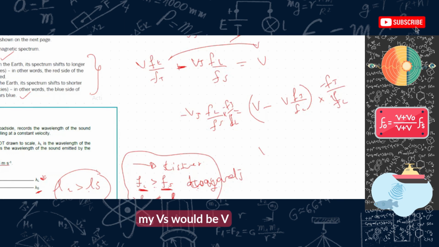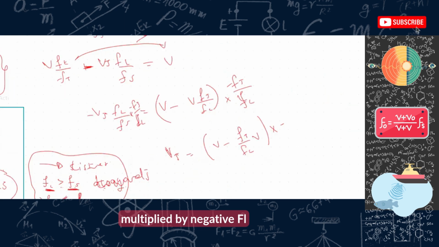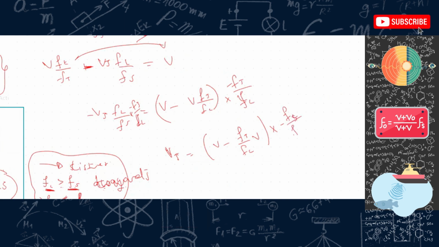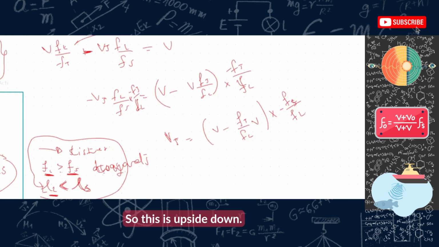Then my vs would be v minus fs over fl multiplied by v. It's fs over fl. There we go. Oh, so this is upside down.